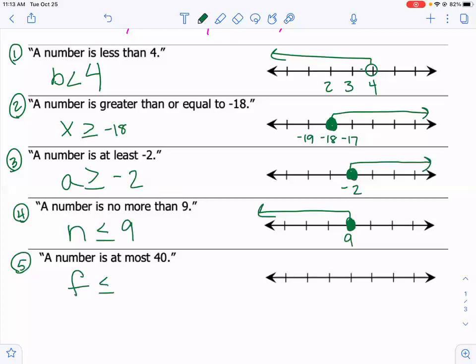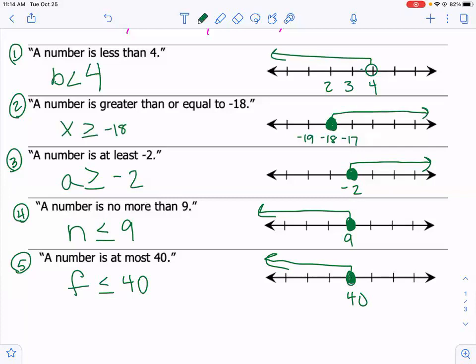So if a number is at most 40, 40 is the biggest it can be, right? So at most, that means 40 is the biggest it can be, and all the other numbers need to be smaller.